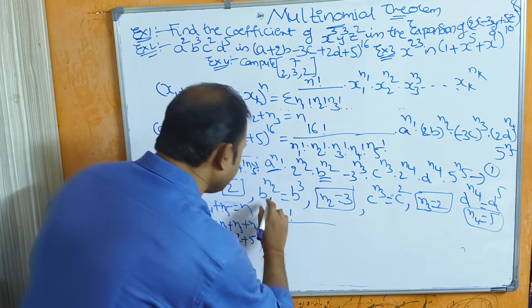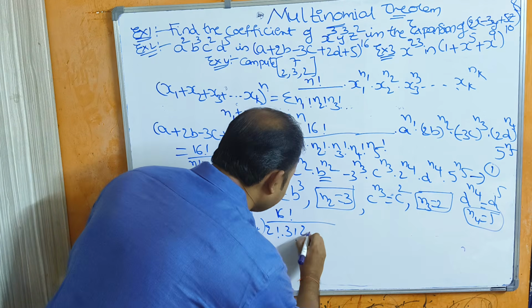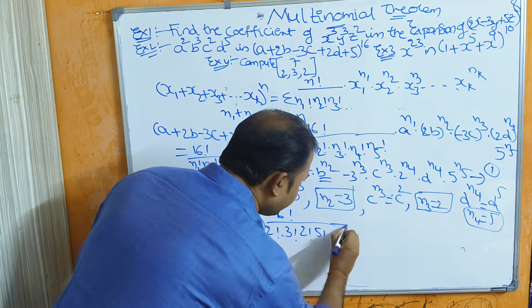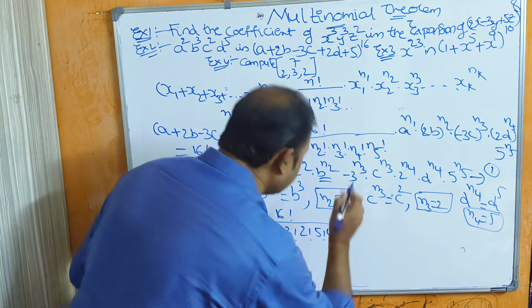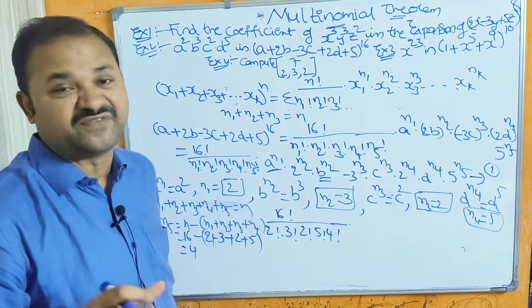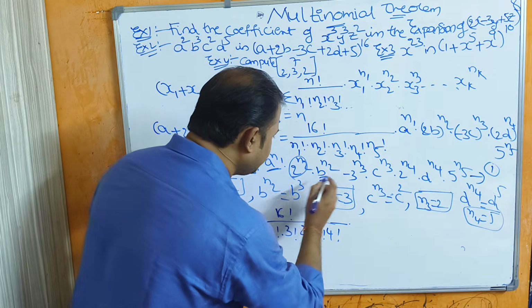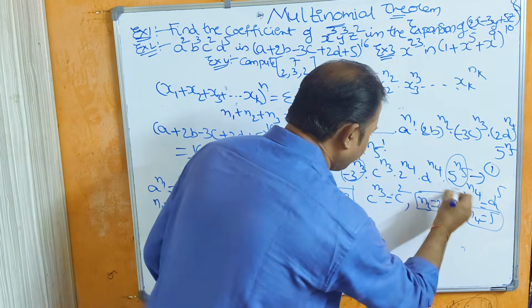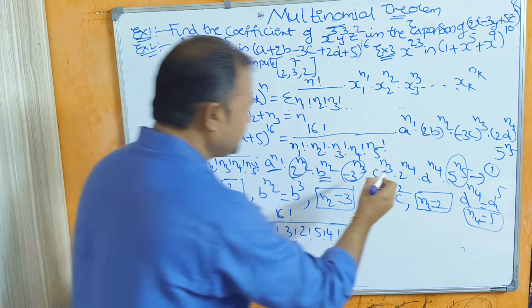So 2 factorial into, n2 value is 3, 3 factorial into, n3 value is 2, 2 factorial into, n4 value is 5, 5 factorial into, n5 value is 4, 4 factorial into, first let us write the coefficients. Why? Because we need to find out the coefficient. So this is one coefficient. Next this is the second coefficient. Next this is the third coefficient. This is also a coefficient.